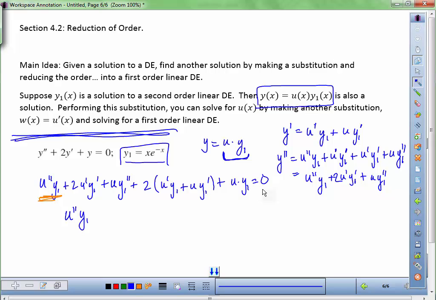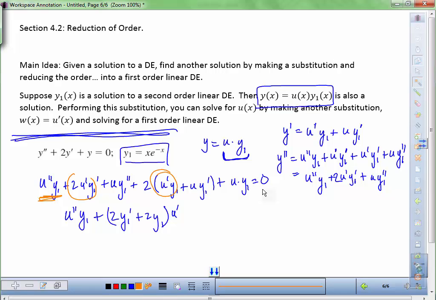Oh, okay. So it's y1. So 2 y1 prime plus 2 y1. Is that right? And then u prime. And then what's left?